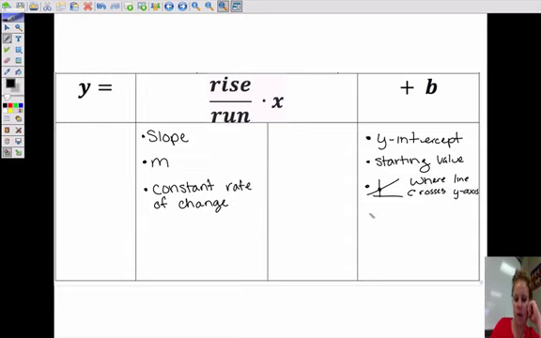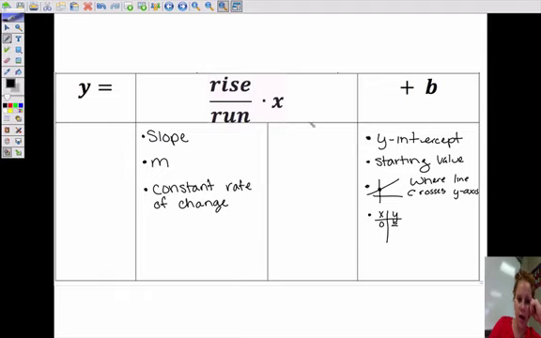On a table it's going to be where x is 0, and here if x is 0, y is the y-intercept. So when x is 0, y is the y-intercept. So that would be our B, okay? Those are the two most important parts of this type of linear equation.